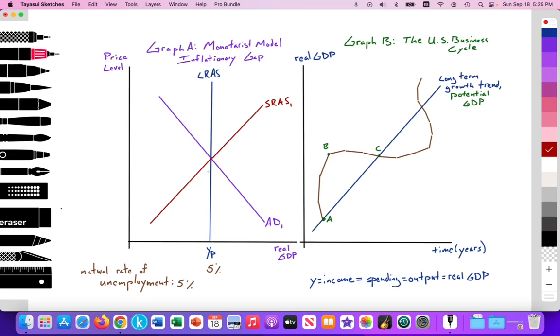The intersection will be labeled right here. This will be point A, which is on our business cycle at this point here. So right here we have point A, and that sets the equilibrium price level, PL1.